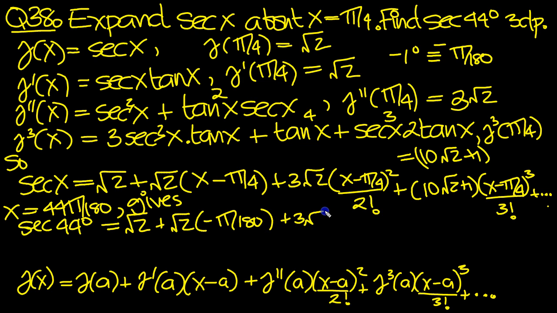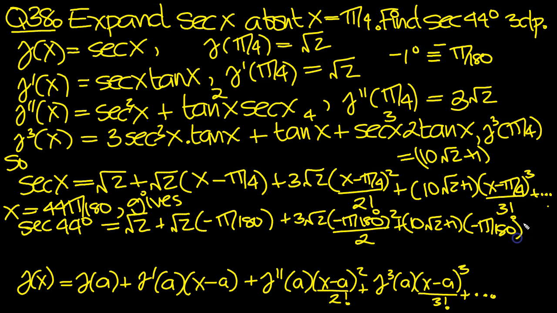Plus 3 root 2, minus pi over 180 squared over 2, plus 10 root 2 plus 1, bracket, minus pi over 180 cubed over 3 factorial plus dot dot dot. Okay, that's what we've got then.